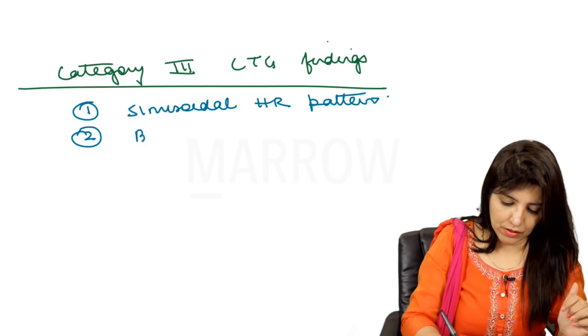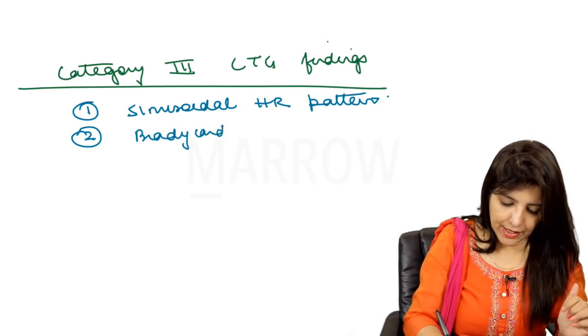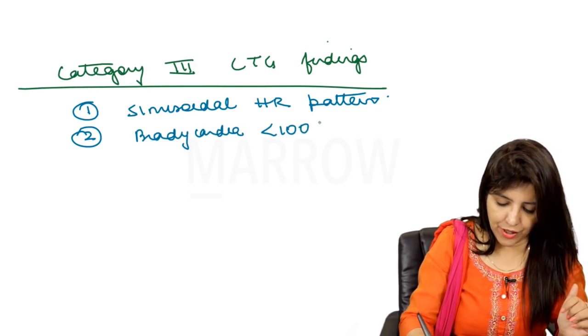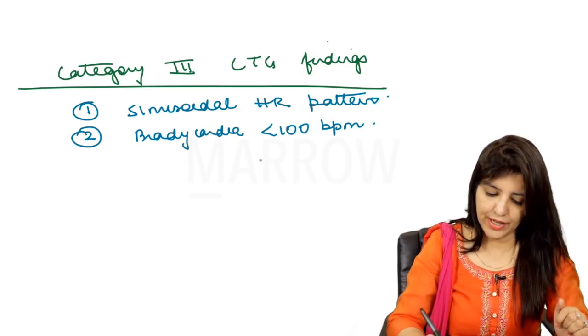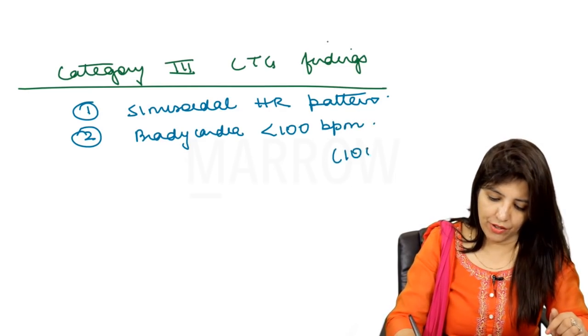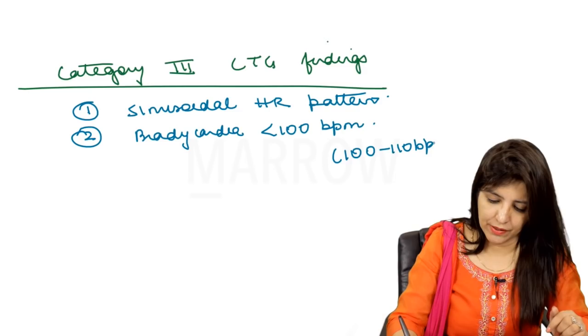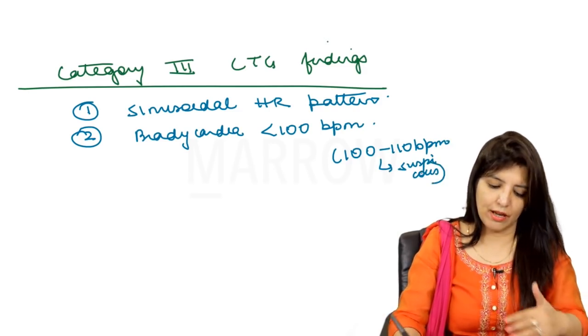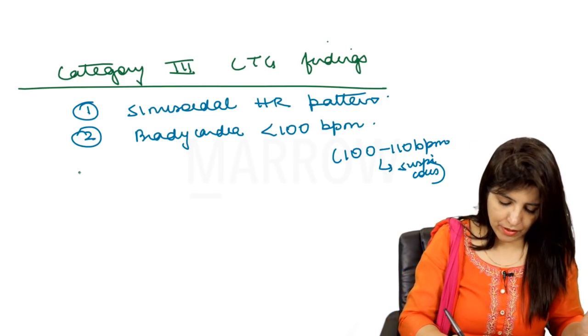Number 2, bradycardia less than 100 beats per minute, right? If it is between 100 to 110 beats per minute, that comes in suspicious finding. That does not come in category 3 finding.